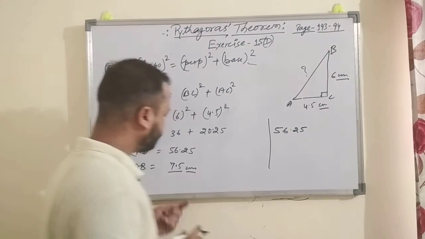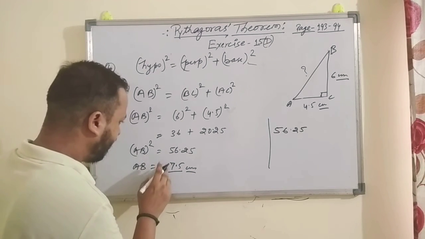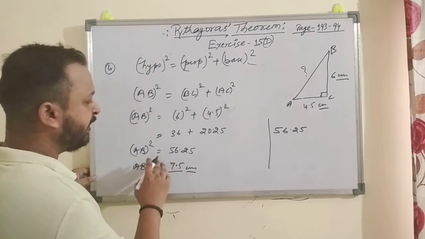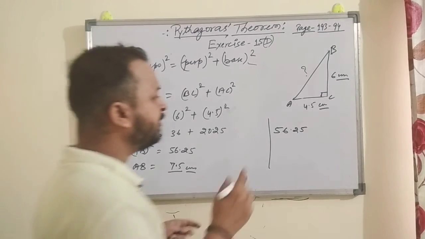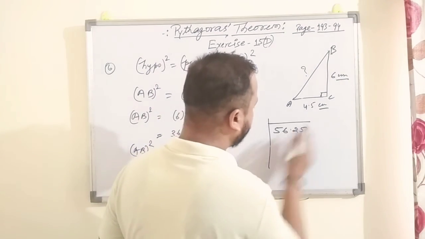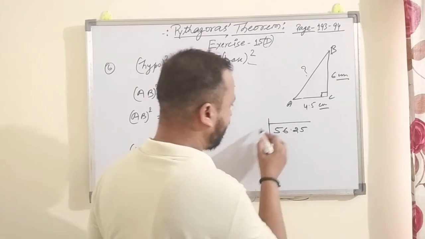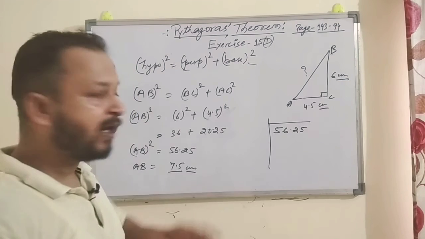It's a square root, right? If you take the square root, the long process was there. This part is also known as the long division method, right? We are finding the square root.